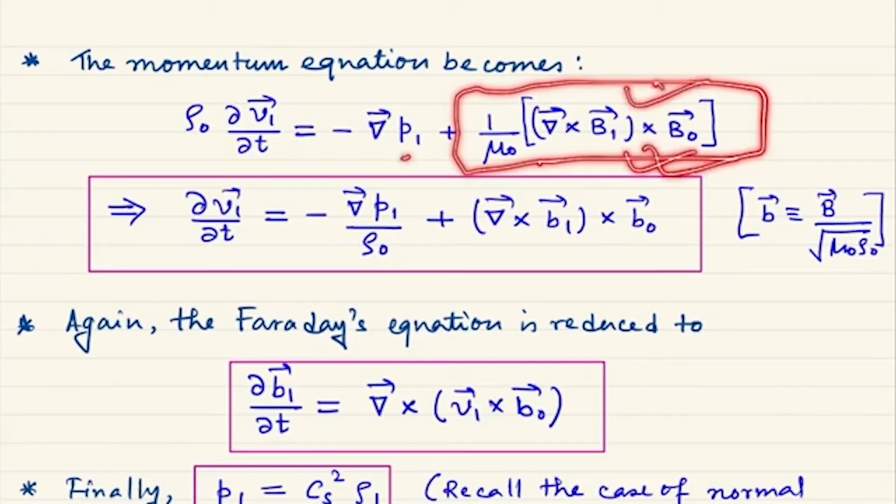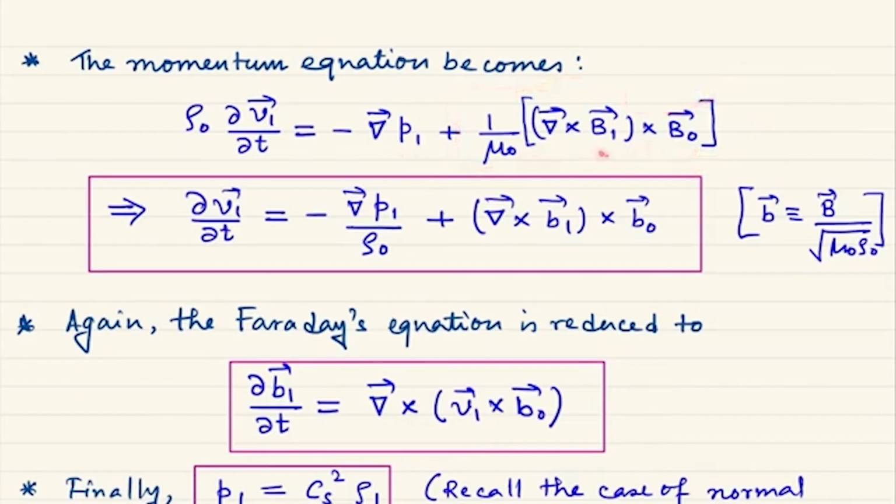If this Lorentz force term is not present, then we have to take into account the body force, and that is our usual hydrostatic equilibrium and the hydrostatic first order perturbation under gravity or under some conservative force field. But here we really don't need that, simply because we have this term and this term.